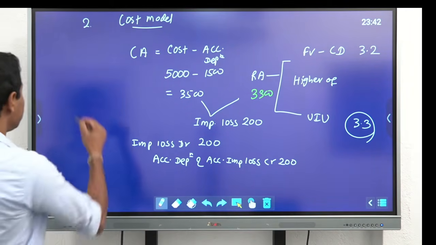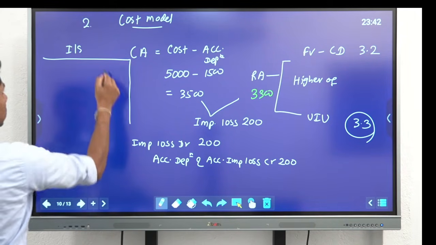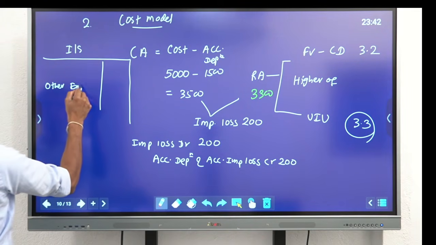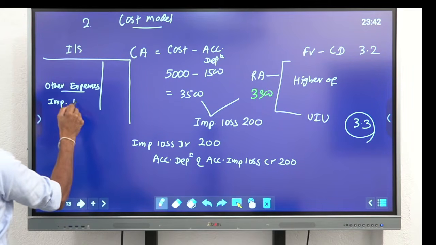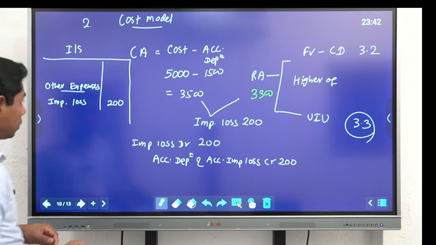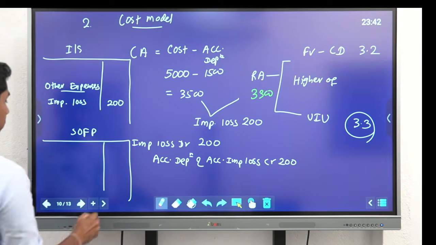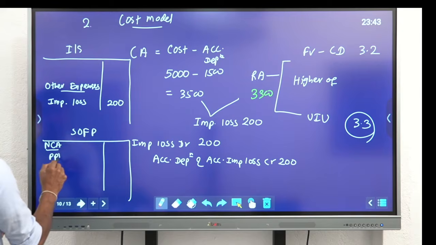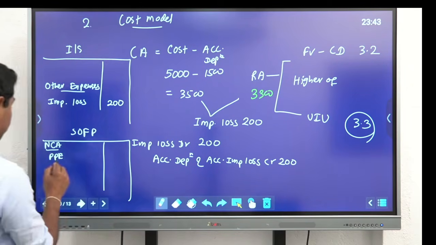And then they ask us to provide the financial statement extracts. So let me write it here. In the income statement, under other expenses, impairment loss 200. In the statement of financial position, under non-current assets, under PPE, the plant.